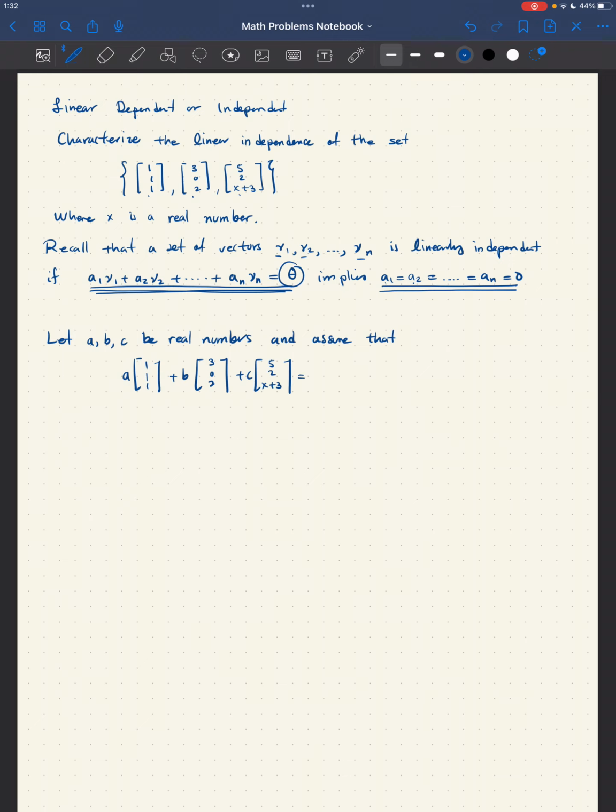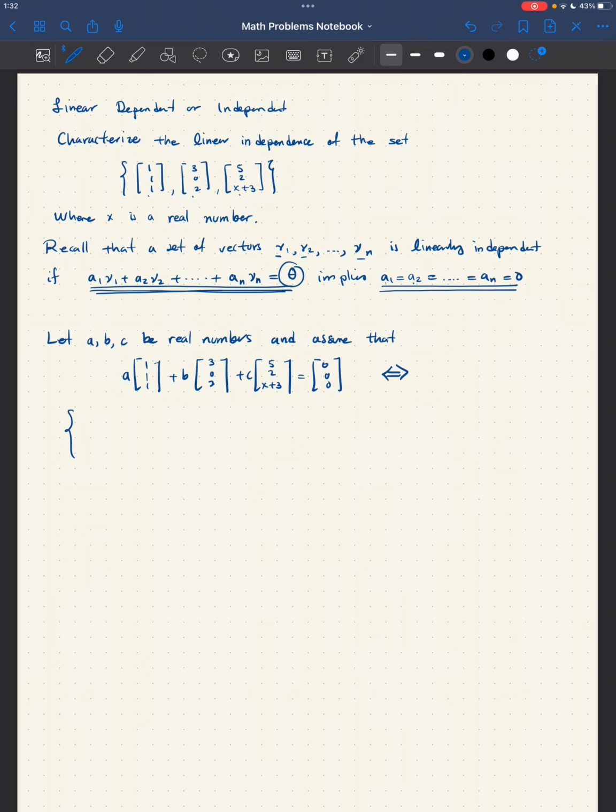This one denotes, of course, the 0 column vector. Now what happens with this vector equation, this matrix equation? Well, it induces a system of linear equations.